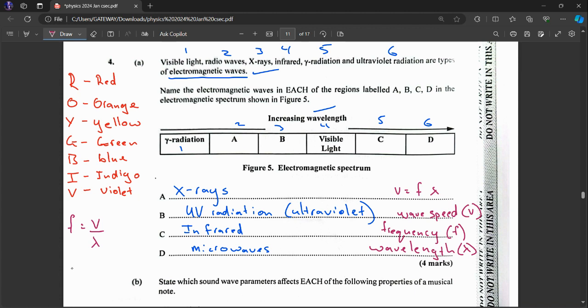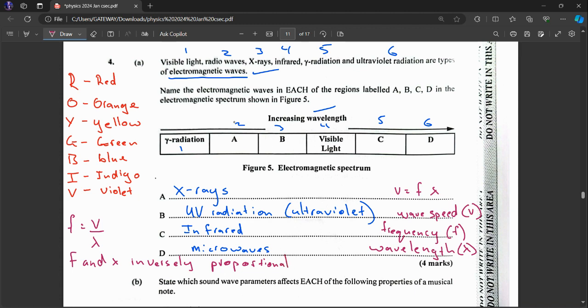So we can say that the frequency and the wavelength are inversely proportional, right? And by now you should know what inversely proportional means.